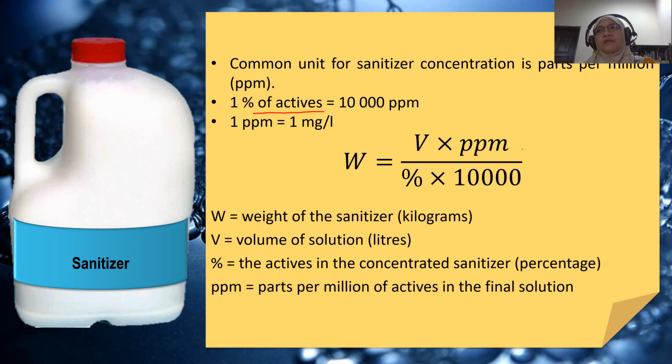W means the weight of the sanitizer, V means the volume of solution, and the percentage here represents the active, the active ingredient in the concentrated sanitizer. The ppm is parts per million of actives in the final solution.